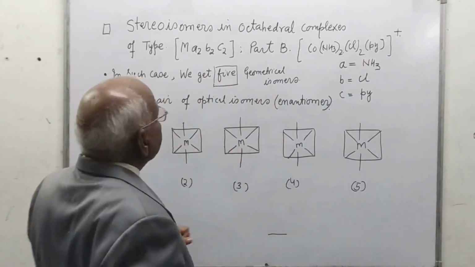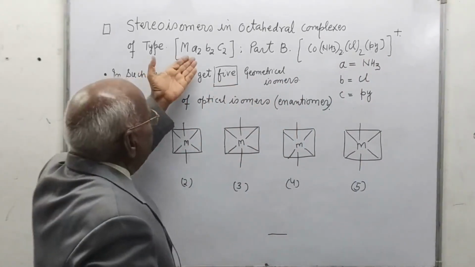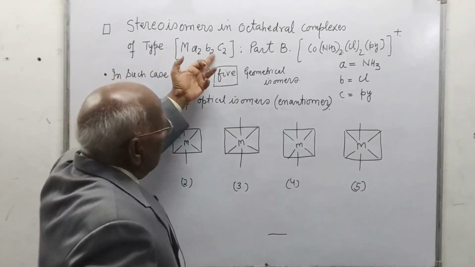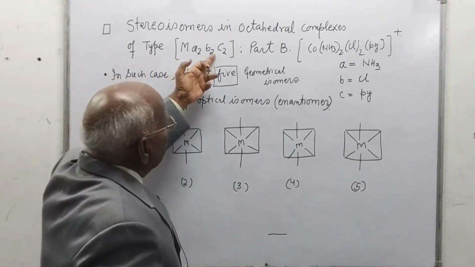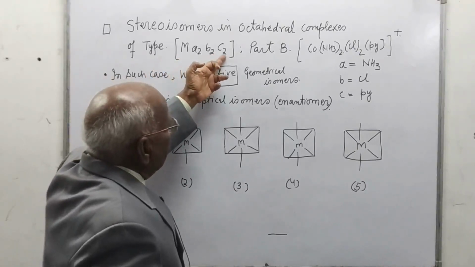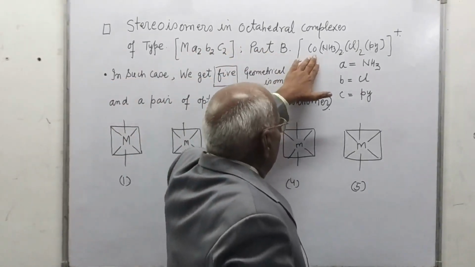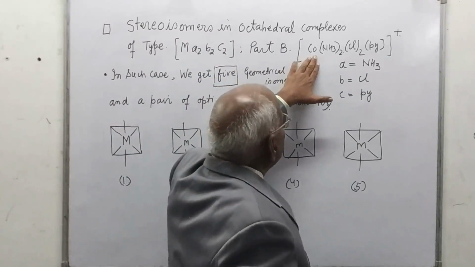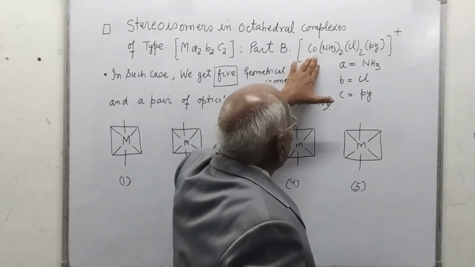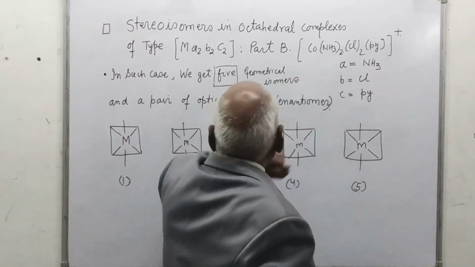We have taken two identical ligands for A, two identical ligands for B, and two identical ligands for C. The resulting molecular formula for this complex of cobalt is like this.